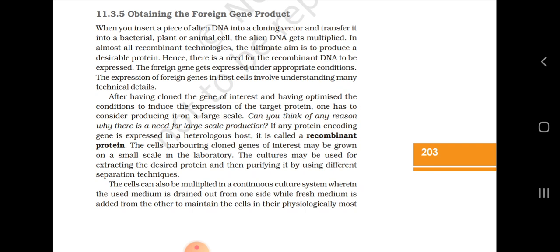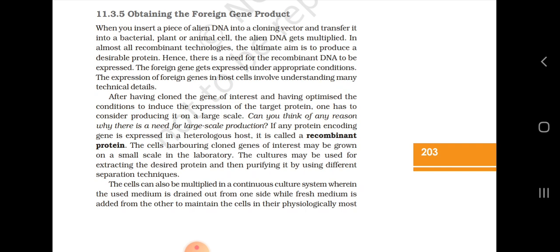chapter, that is the downstream processing, where we know what actually downstream processing is. It is a process to which a product is subjected before being marketed as a finished product.